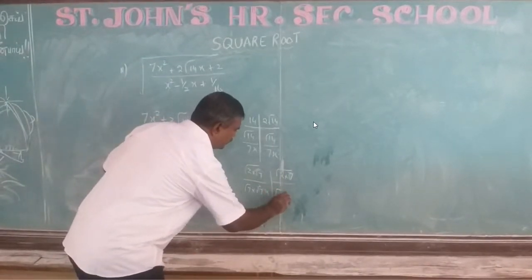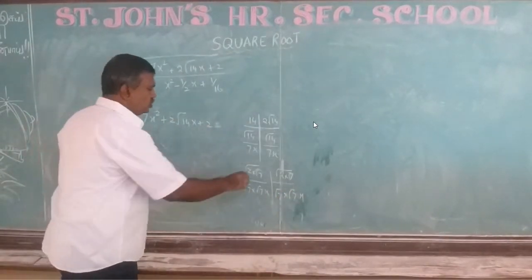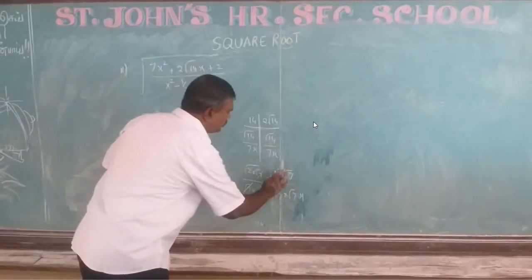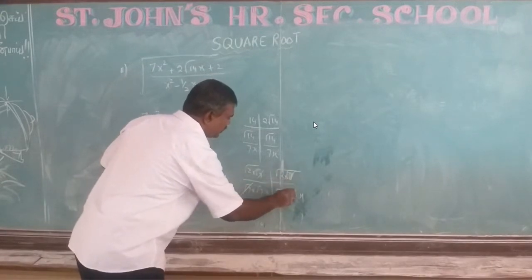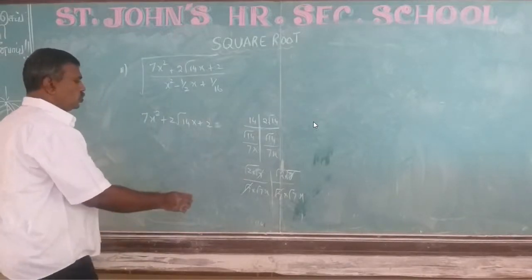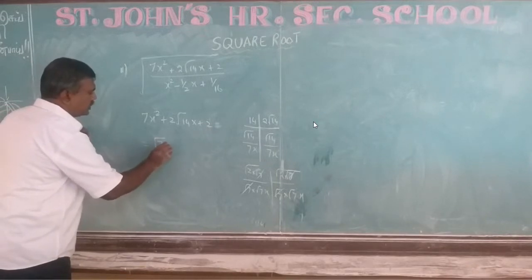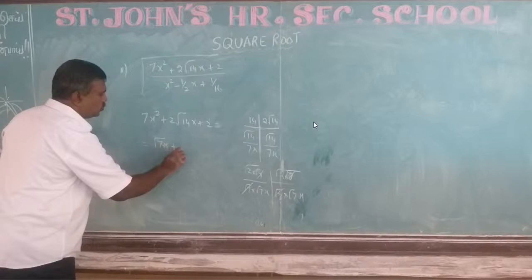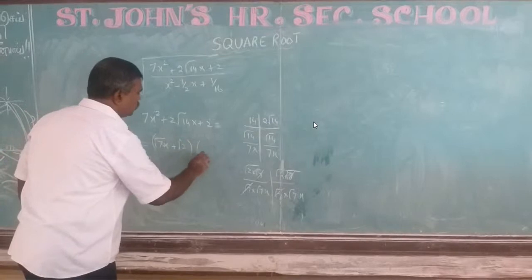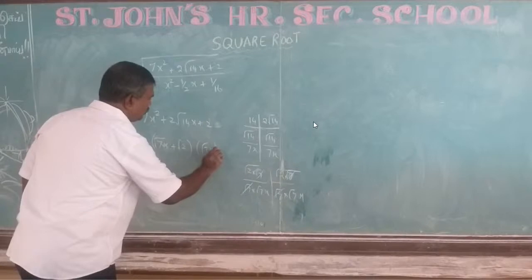Now we can cancel root 7 with root 7. Therefore, the remaining value is root 7x plus root 2 into root 7x plus root 2.